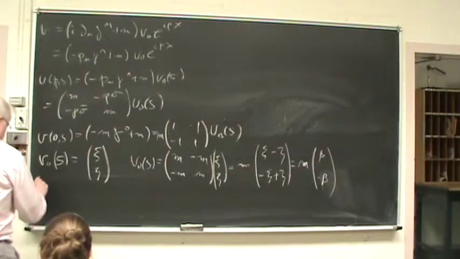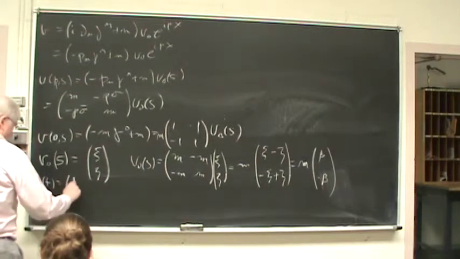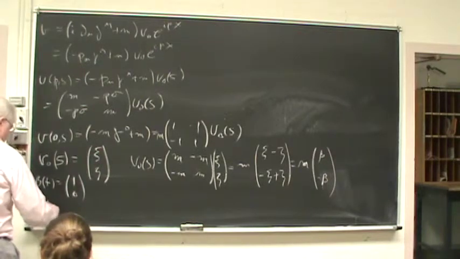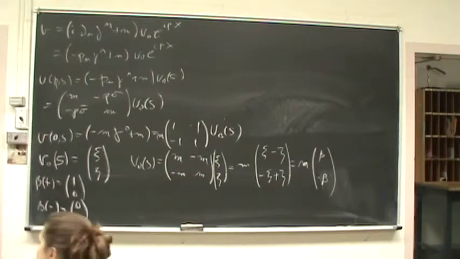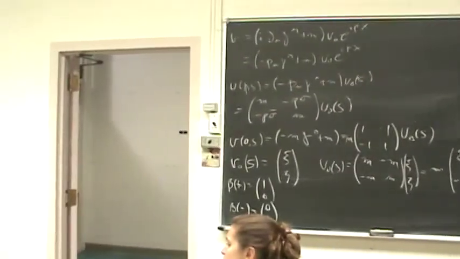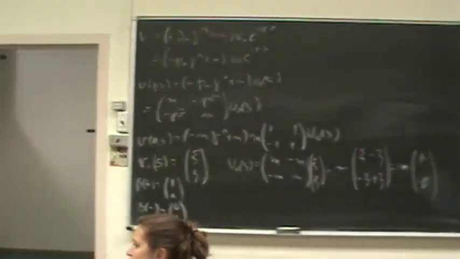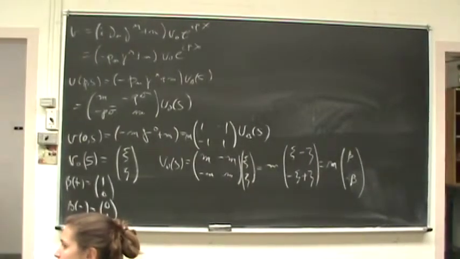And I'll choose beta plus equal to 1, 0, and beta minus equal to 0, 1. Let me just make sure this is the first choice.